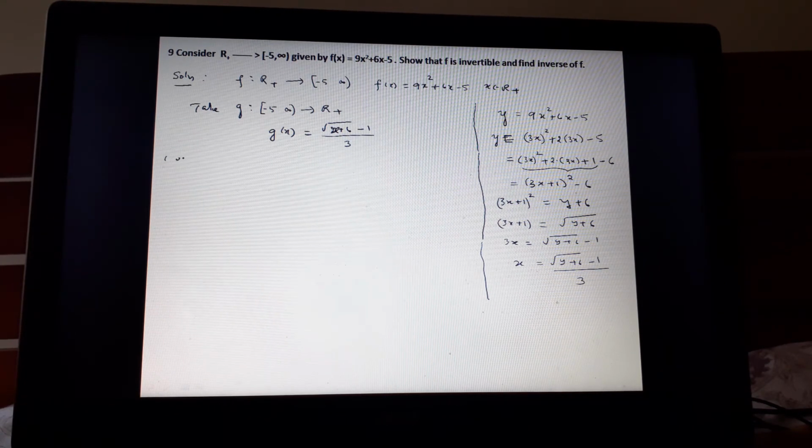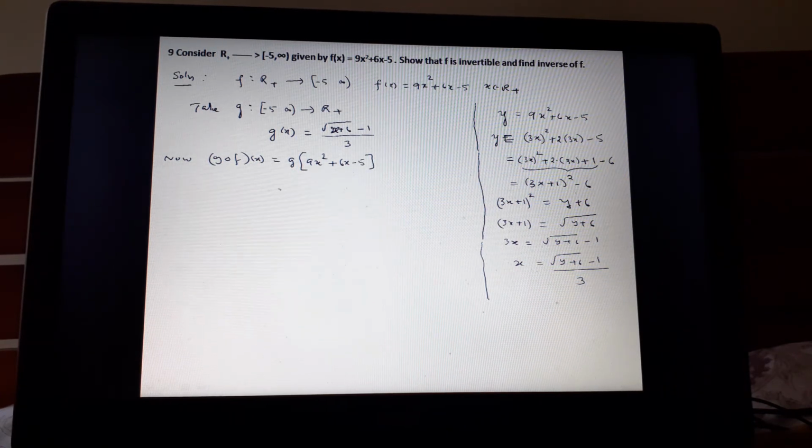Now first we will find g of f of x. g of f of x is 9x square plus 6x minus 5.